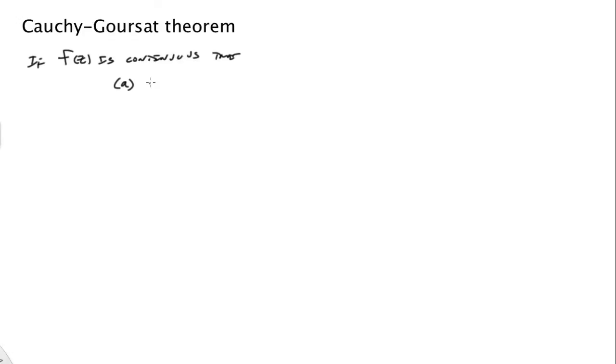There's A, which was that there exists some antiderivative, capital F, which means that if you take the derivative of it, it's equal to little f. Okay, and we know that that is the same as saying that if I take any contour integral of f, I can evaluate the antiderivative at the endpoints and take the difference.